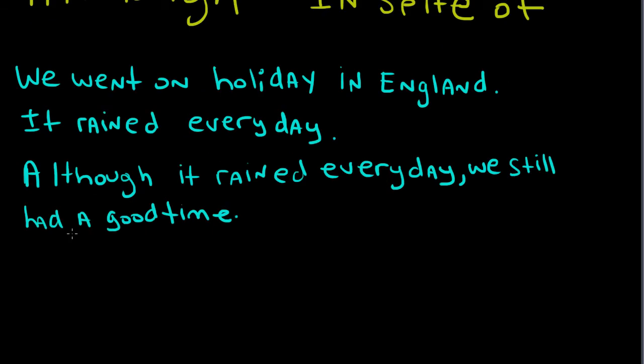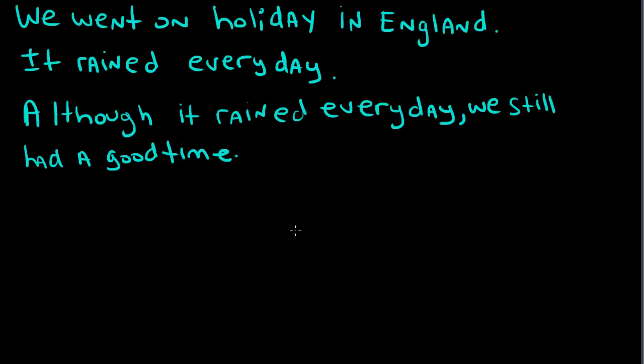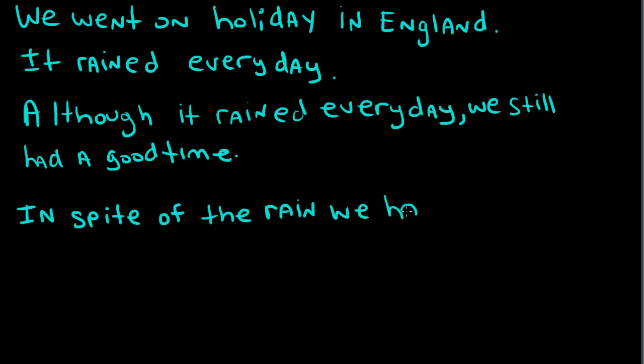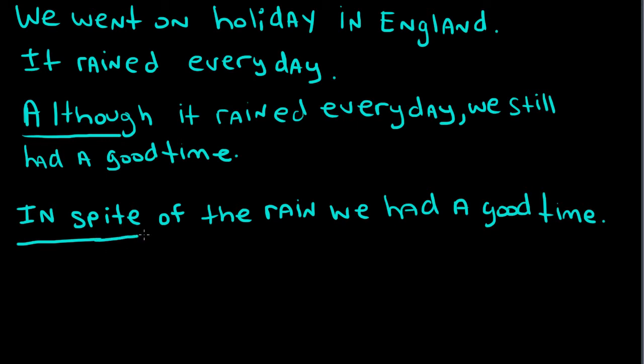So how would we use in spite of in the same type of situation? We can say, in spite of the rain, we had a good time. So here we use in spite of to say, even though there was rain, we had a good time.